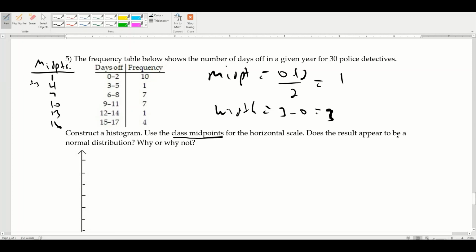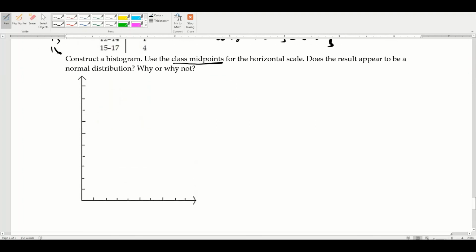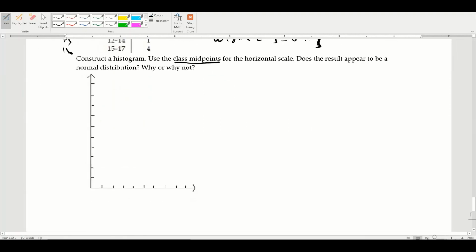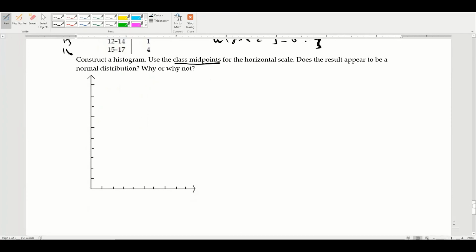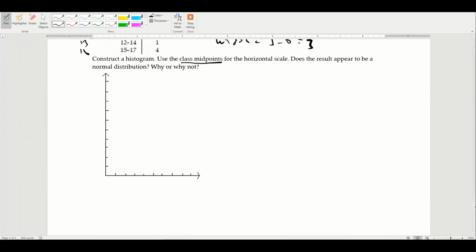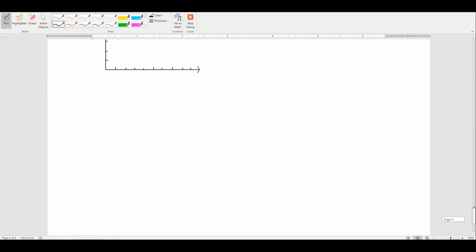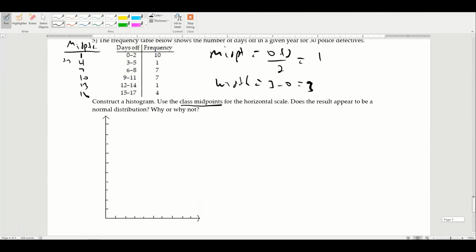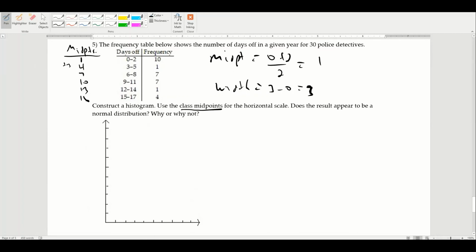And then we're going to ask ourselves, is this normal? Is it normal distribution? So once again, I'm going to shrink this a little bit so you can see everything on one screen. So when I label these, I'm using the midpoints.